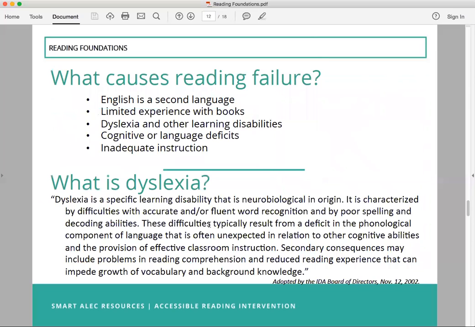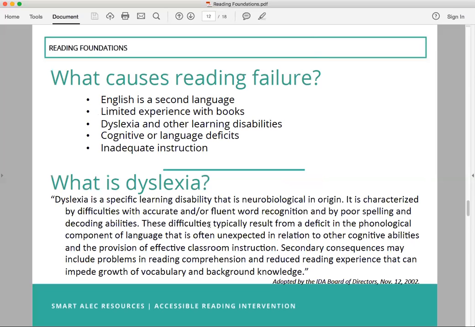Finally, what causes reading failure? So we've got a number of different things here. When we think about all of those different processes that we have, really we know that there's a number of places that this can break down. So English as a second language, absolutely we might be struggling a little bit more with the phonology if the language is different.